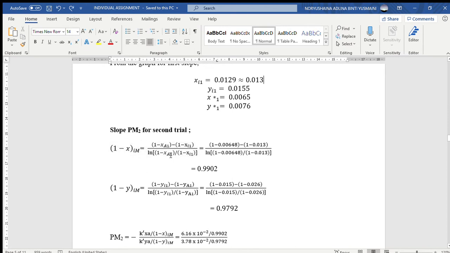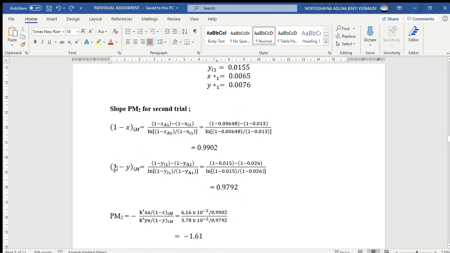So this is the formula, and I substitute all the data into this equation, and finally I got the value of 1 minus xim is equal to 0.9902. Next, repeat the same step for the 1 minus yim, but this time we use the value for yi1, and I got the answer of 0.9792.